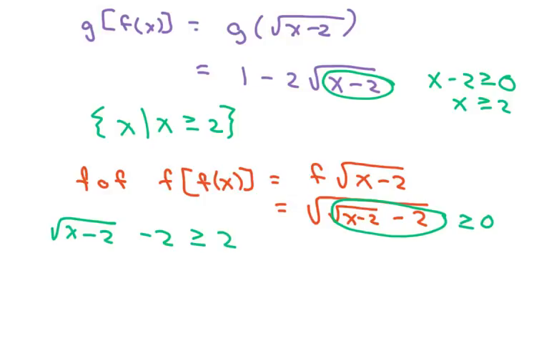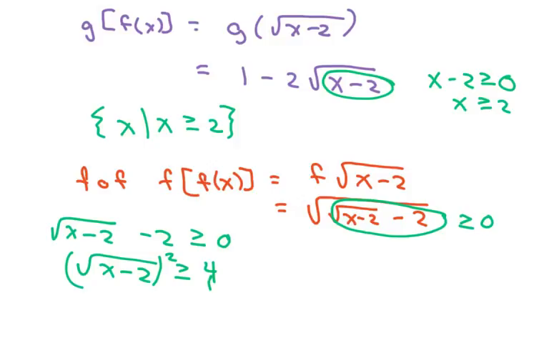Now we're going to add the 2 to both sides, and then we're going to square both sides. Oh, this should have been 0. I kept knowing something was wrong. Okay. So you already knew that, right?